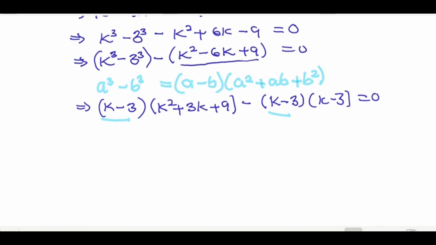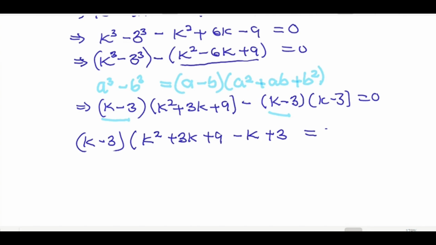Right. So here we can see that k minus 3 is common. So we can factorize that one out, and we have k minus 3, brackets open. Here we're left with k squared plus 3k plus 9. Now remember, this one is out, so we'll have left minus into brackets k minus 3. So minus against a k will give us minus k, and minus with the minus 3 will give us plus 3, and that equals 0.